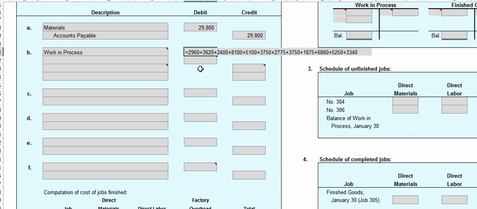Now that's all the materials and all the labor used on specific jobs. In this case, jobs 301 through 306. And that's our debit to the work in process inventory account.